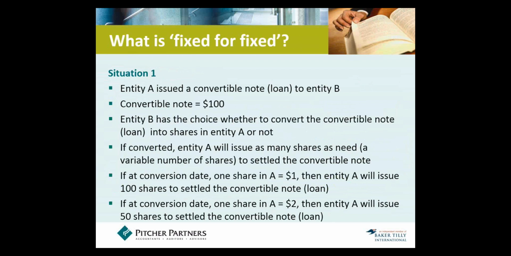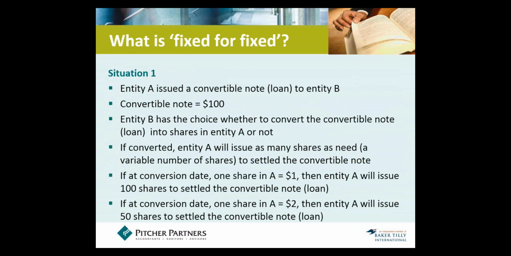So let's say in terms of this convertible note, if converted into shares, entity A will issue as many shares as needed. So it will be a variable number of shares to settle this convertible note. What do I mean by that?